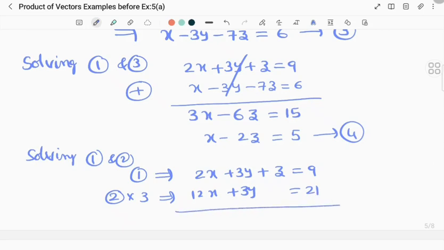So now subtracting, 3y minus 3y get cancelled, minus 12x plus 2x is minus 10x, minus 21 plus 9, so minus 12 will come.